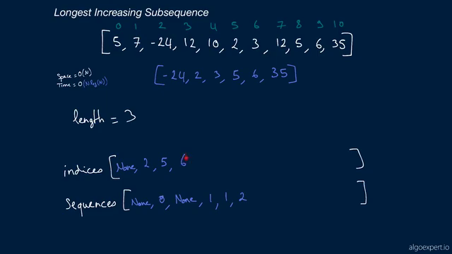And what does 6 point to? Well, it points to the number right before it, which is stored at index 5. So here we've got 5. And here the length is still 3.